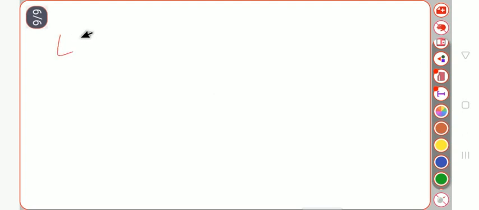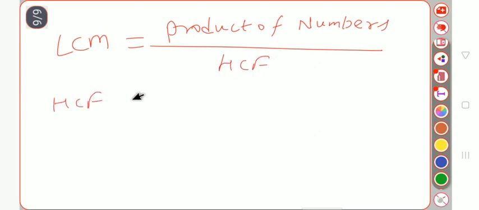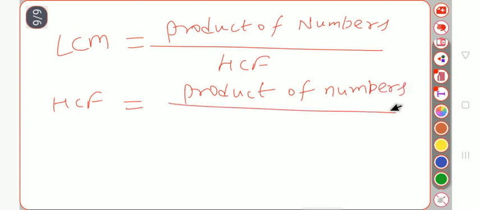Suppose it is asking LCM, then product of numbers divided by HCF, and if it is asking HCF, then product of numbers divided by LCM.